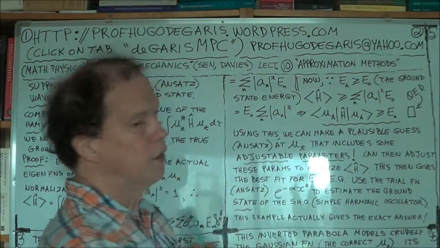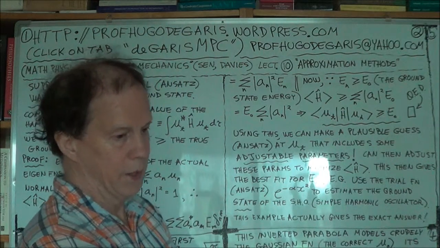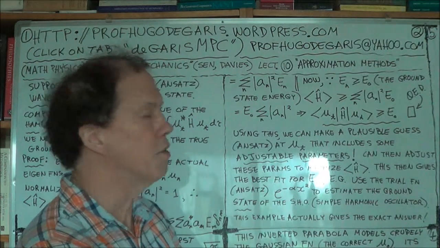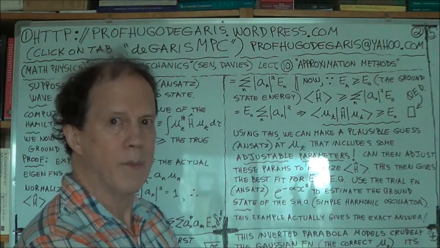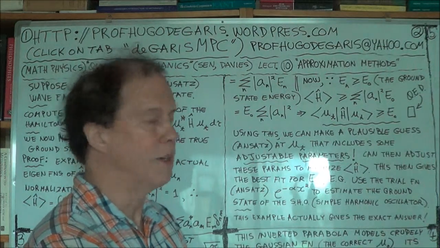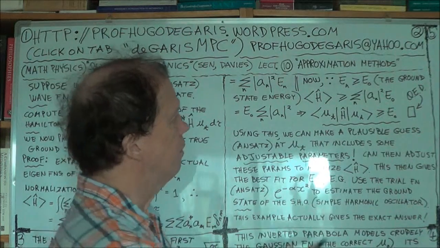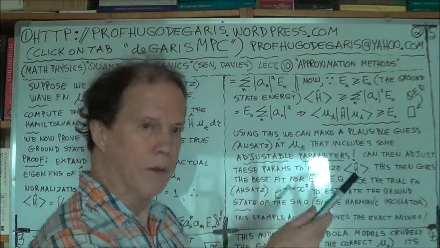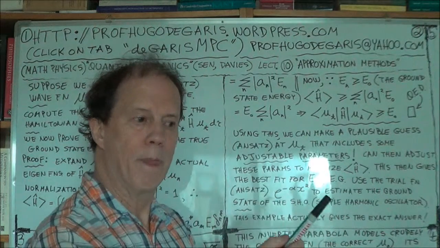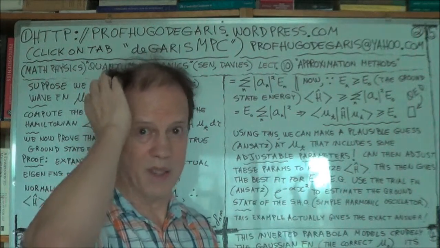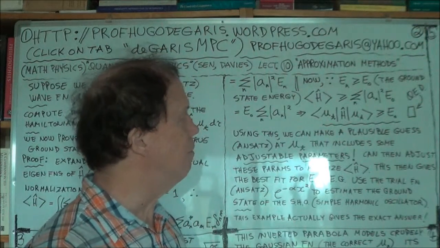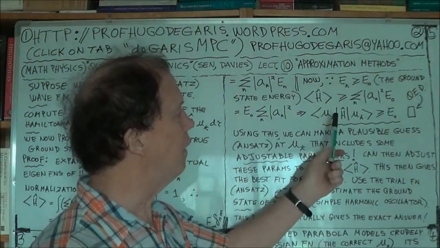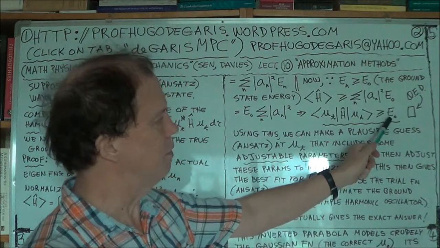So choose an ansatz, a trial function that you think is plausible given the context, the nature of the problem, and put some parameters, or at least one. Put a parameter into it, and then this expectation value will depend on that parameter, and then you can use high school calculus to minimize this expectation value, and that will get you closer to this, right?